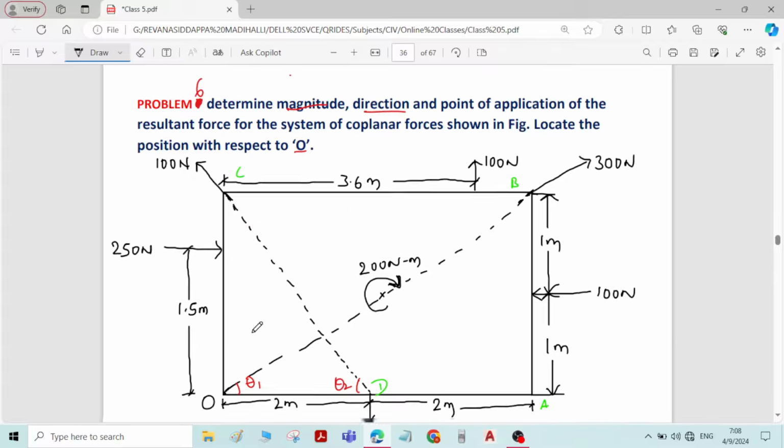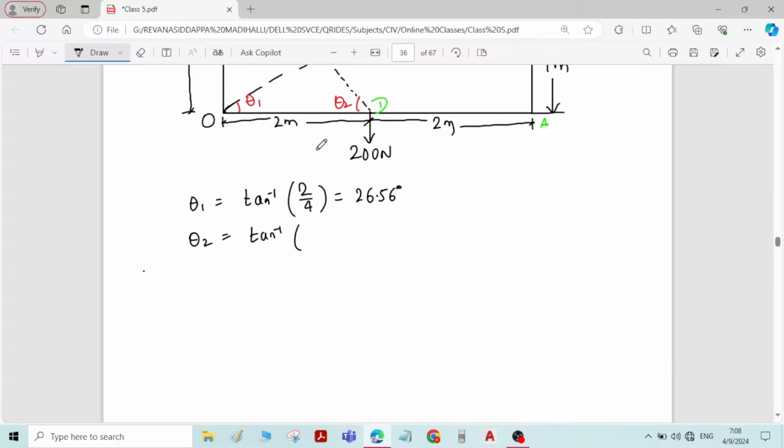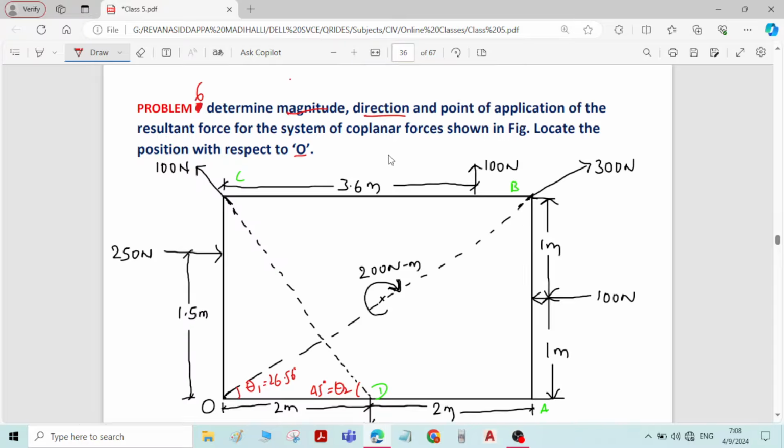Opposite is 2 meter, adjacent is 2 meter, 2 by 2. You will get the angle as 45 degree. Let me write these angles here. Theta 2 is equal to 45 degree. Theta 1 is equal to 26.56 degree. Using these angles we will write the components.